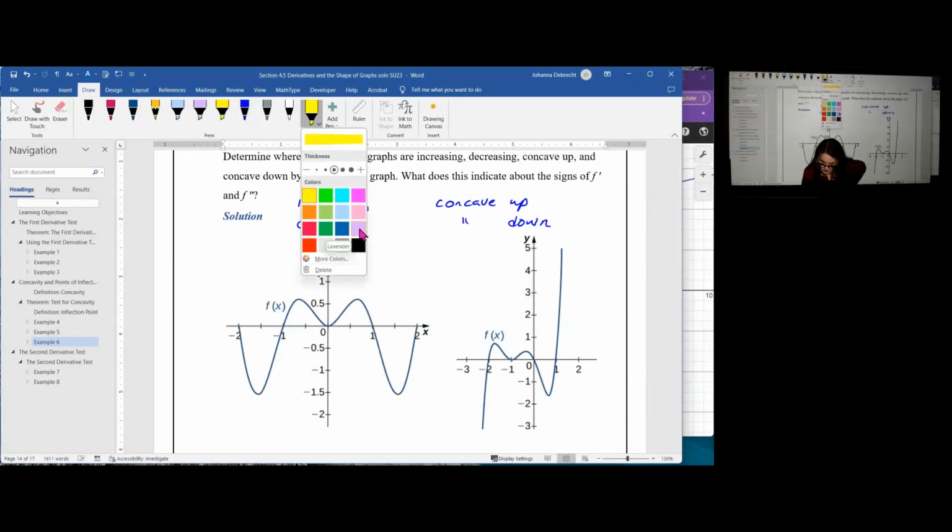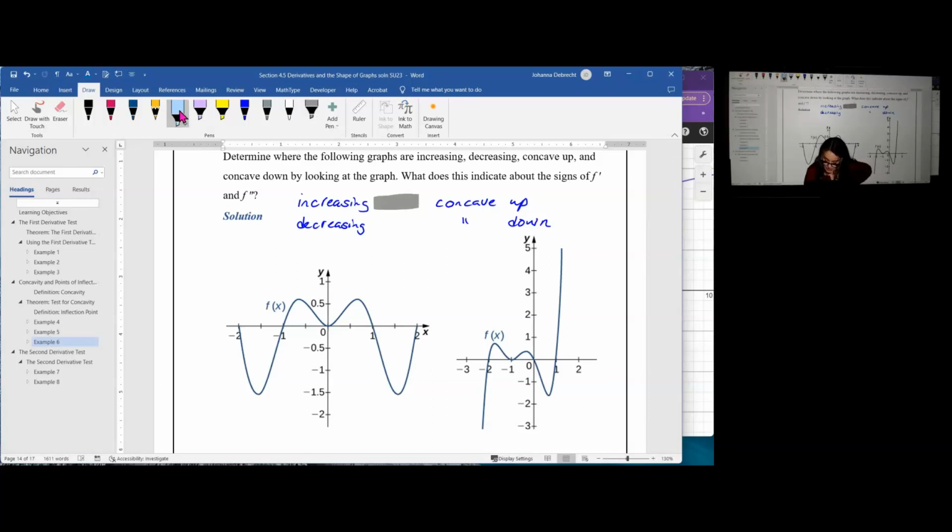What would be a good contrasting color? Maybe gray. All right. When I'm looking at the graph, let's say we make every place it's increasing gray and every place it's decreasing yellow. When it's concave up, we'll make it purple. And when it's concave down, it must be blue.